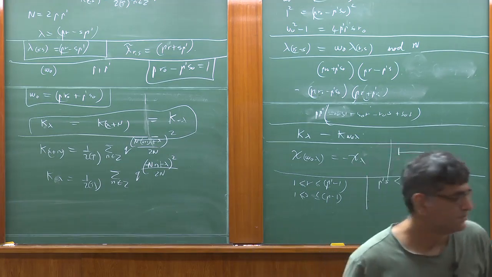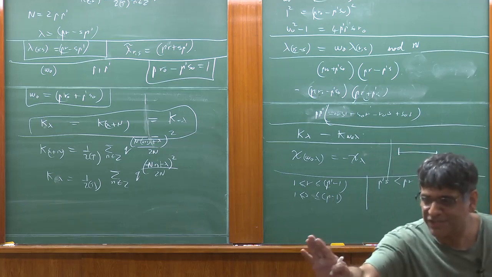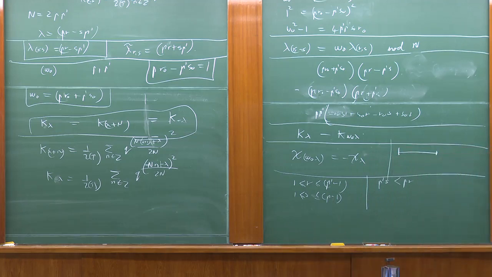Therefore, within this range, you can equivalently label characters by lambda, because there's a one-to-one map between values of R and S within this range and lambda. So it's an equivalent characterization. And I just wanted you also to see the n by 4 here. If R was less than P prime and S was less than P, that's roughly P P prime, which is n by 2. And then that last inequality removes about half of them. That's the n by 4.